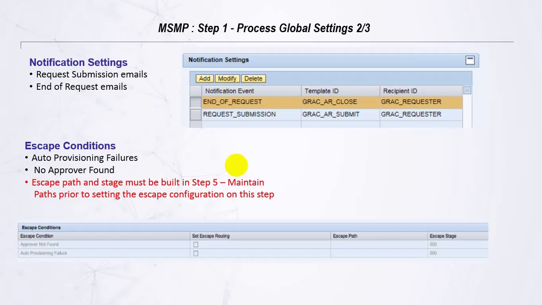So instead of that, for approver not found, we will maintain a separate escape path. We will create a separate escape path name and map it to the complete security team, so that a notification comes to our work inbox as well as the email DL.